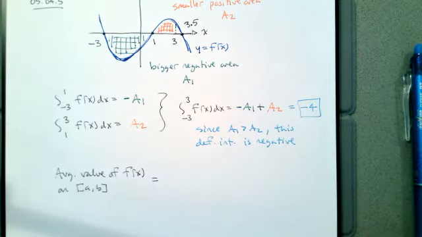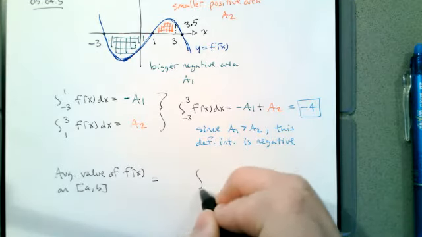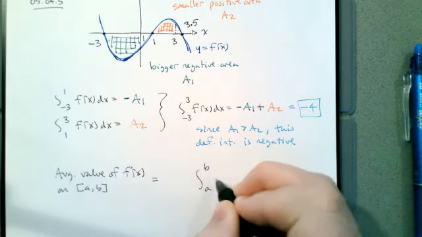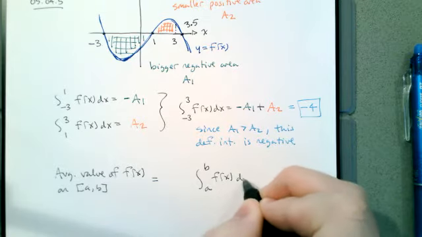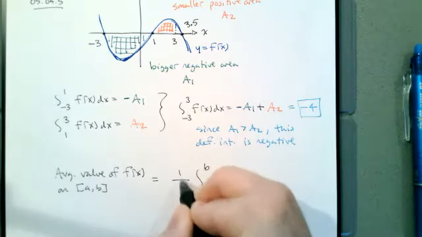We add up all the values and divide by how much is there. We do the same thing with a continuous sum. We add up all the values in an integral and then divide by how much is there.